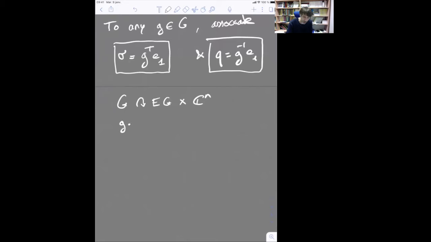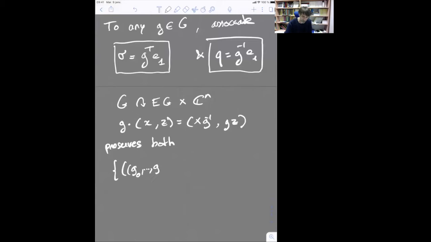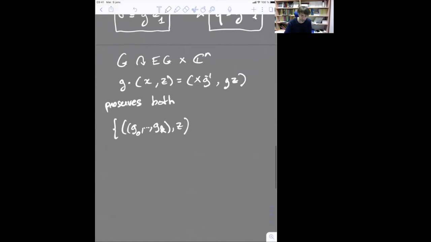The action was given by g acts on (x, z) as (x g^-1, gz), where x is a tuple of elements in G. And this action preserves both the set of tuples, this is an element in EG, and z, a vector in C to the n.